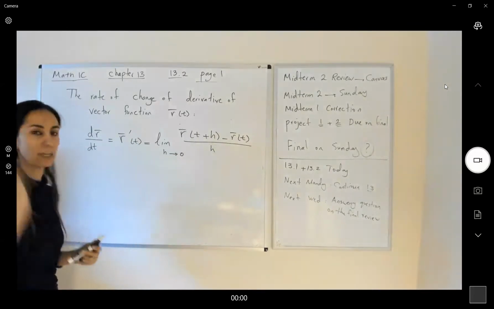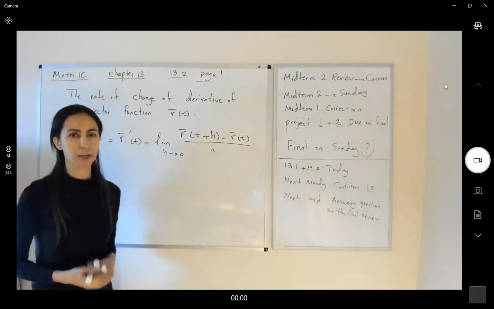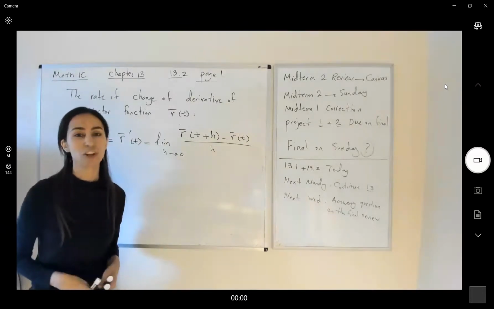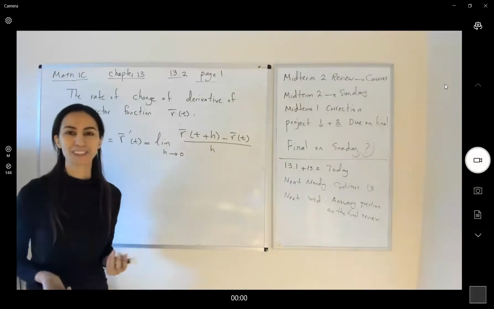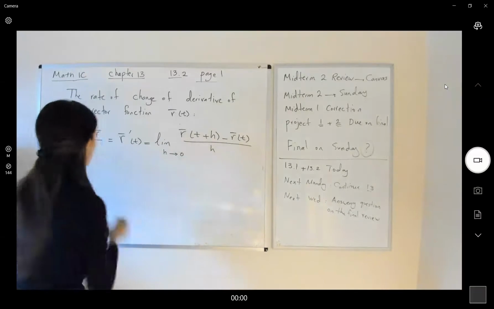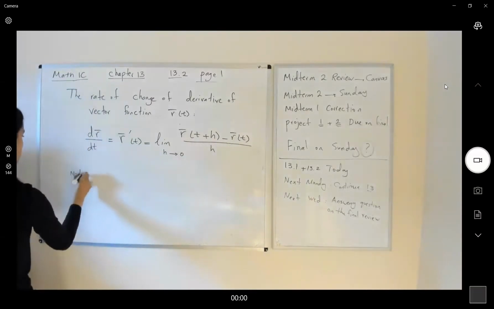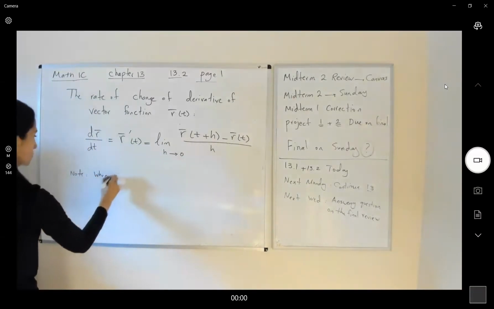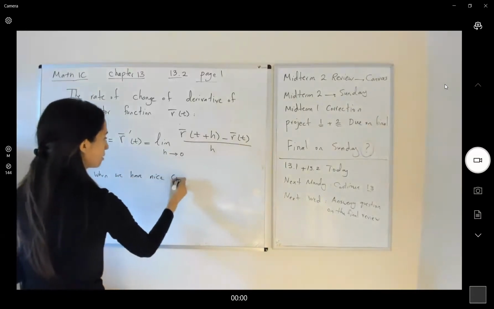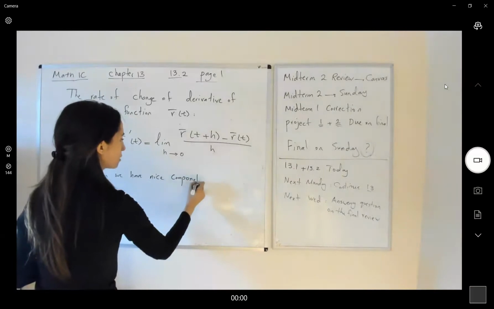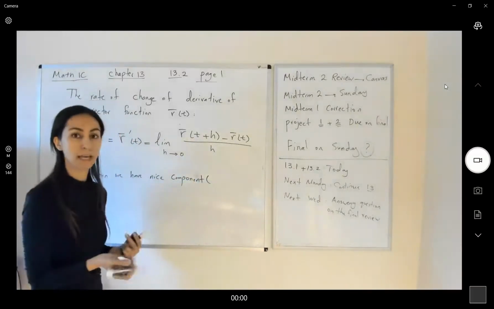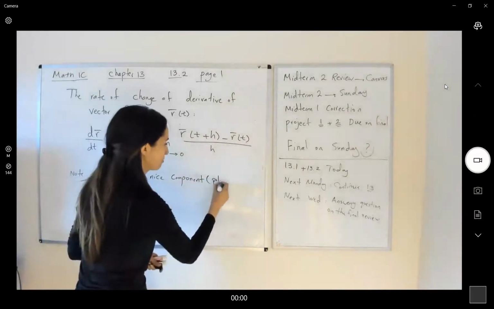As usual, if you have a nice function, like a polynomial function, a trig function, or an exponential function, you can use those little shortcuts to take the derivative of the function. So note that when we have nice components, what do I mean by that?